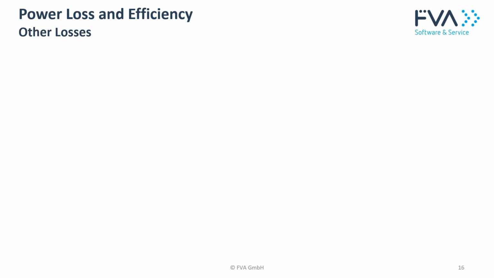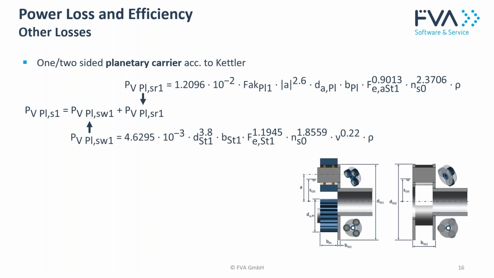We also have some other components with power losses in the FVA-Workbench, which I will not show today in detail. But shortly, at the planetary carriers, for example, we can calculate the splash losses according to Kettler. Here there's a difference if we have a one or two-sided planetary carrier.